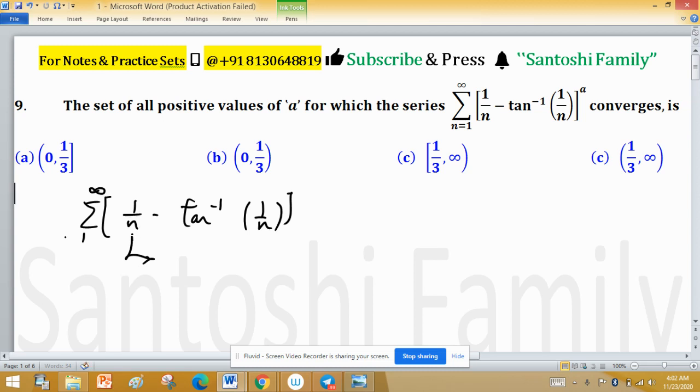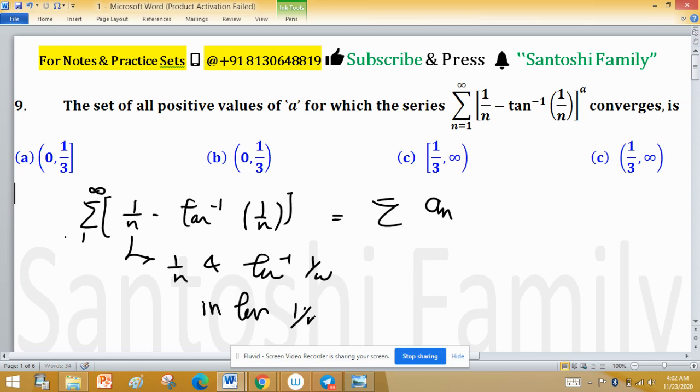As this is a difference, if we write this as the series an, then the nth term is the difference of 1 upon n and tan inverse 1 upon n. It means an inverse trigonometric function and 1 upon n. So it looks a bit complicated, and our target is first to convert this an in terms of n, or 1 upon n.